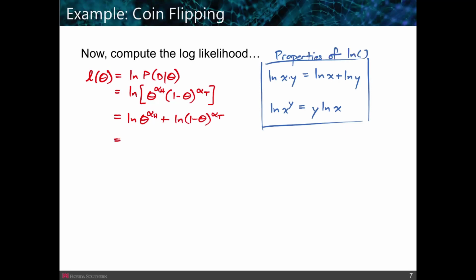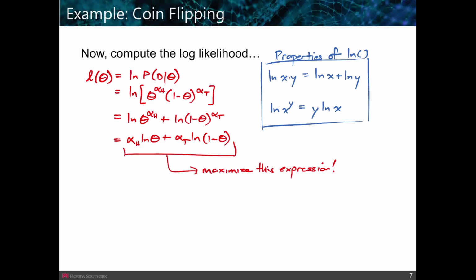So with this knowledge, we can bring those exponents down. We have alpha h times the natural log of theta plus alpha t times the natural log of 1 minus theta. The goal here is to maximize this expression. In order to maximize some function, we simply set the derivative equal to 0 and solve for the unknown parameter.